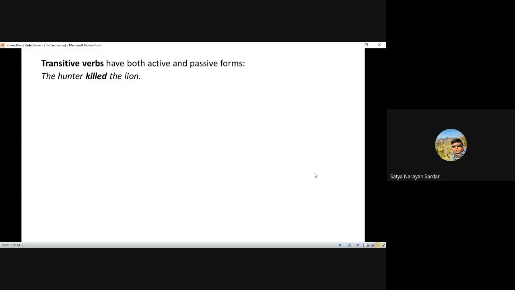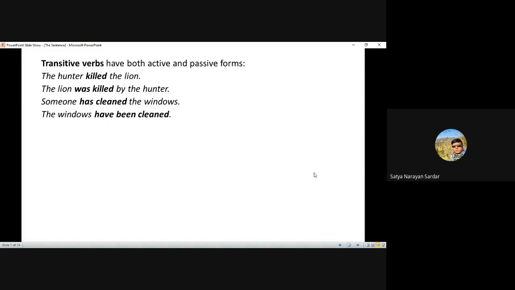The transitive verbs have both active and passive forms. The hunter killed the lion. The lion was killed by the hunter. Both have the same meaning, but only the prioritization differs, with their subject or object. Someone has cleaned the windows.